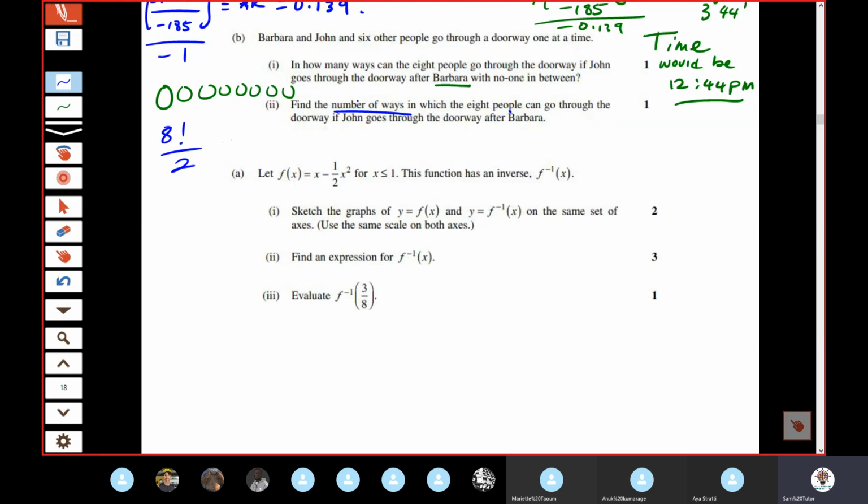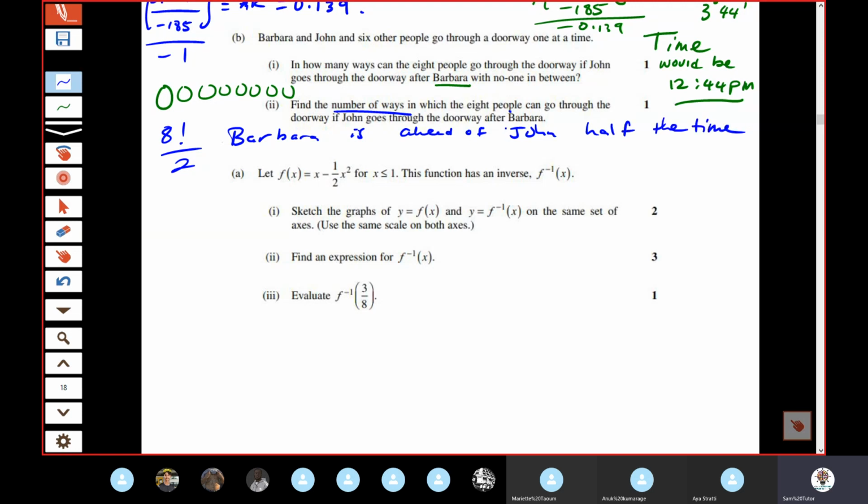So find the number of ways in which 8 people can go through the doorway. Barbara is ahead of John half the time, because to do the second way, you're going to be there all day for 1 mark.